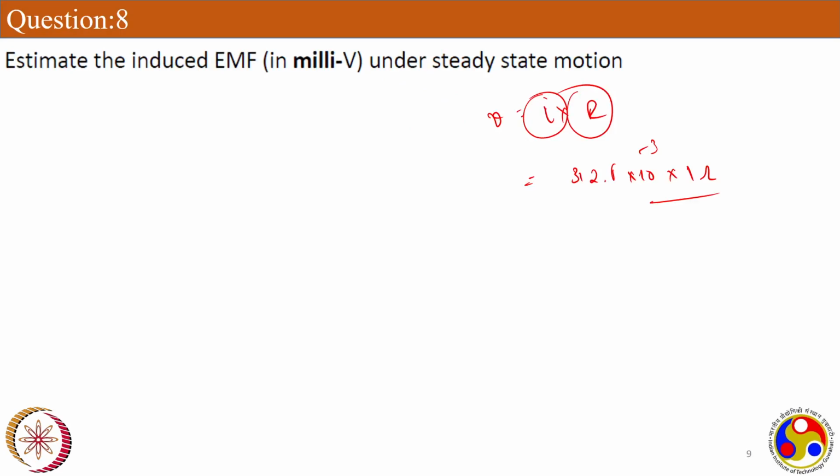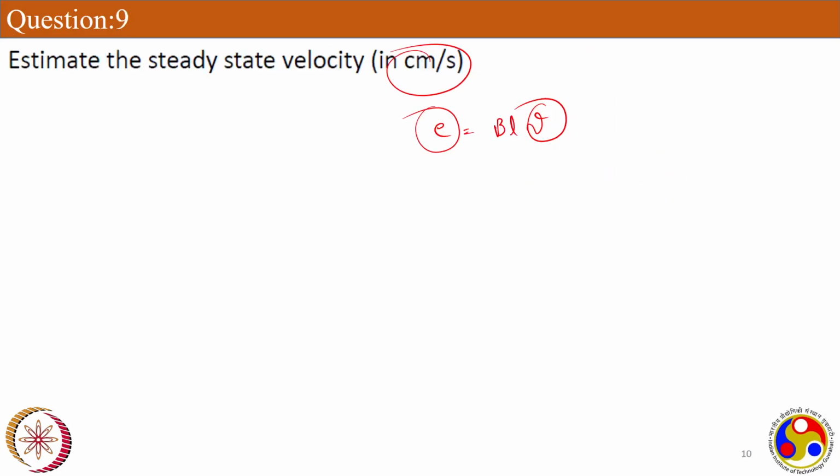So 312.5 millivolts. The required thing is velocity, E by BL. So E is 312.5 millivolts, still in SI unit, and B is 0.8 into 0.4. If you calculate it, you will get 0.9766 meters per second.